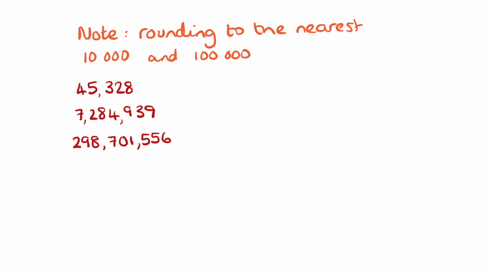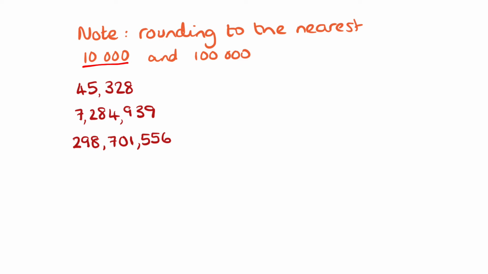Remember right at the beginning of the lesson today, we had to identify the tens digit when we were rounding to the nearest 10. So if we're rounding to the nearest 10,000, then it's the 10,000 digit that we need to identify.